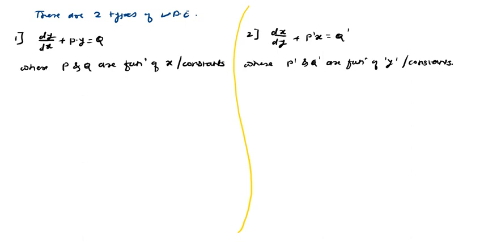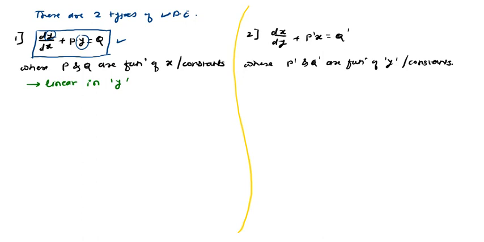Now see, this is the first type of linear differential equation. It is linear because the dependent variable is y and its degree is 1, so we will say it is a linear differential equation. But here the dependent variable is y, that's why we will say this is linear in y.